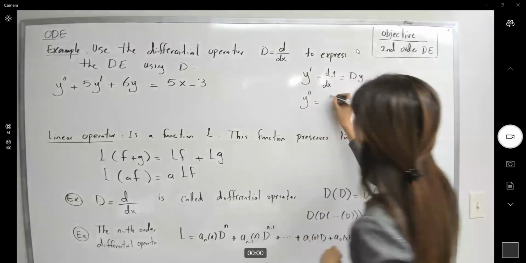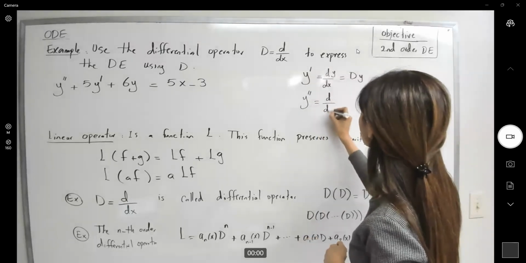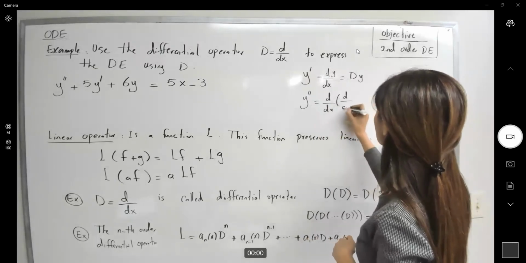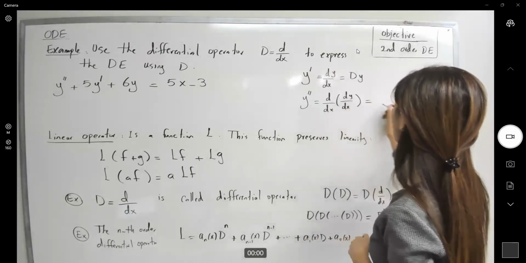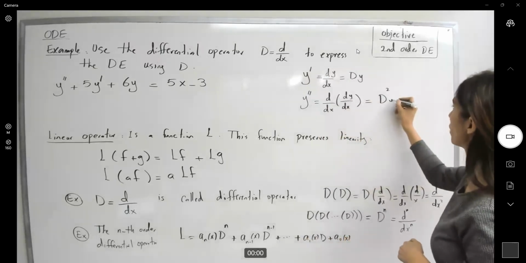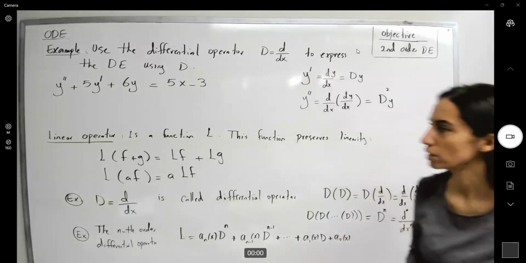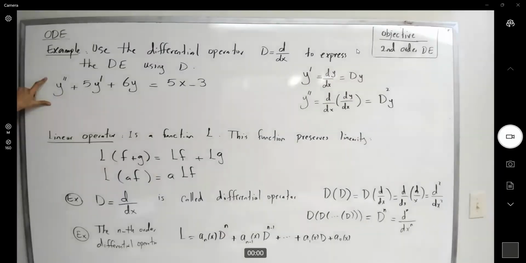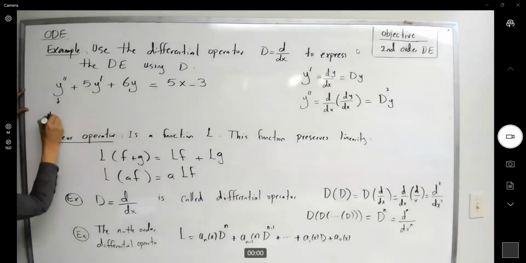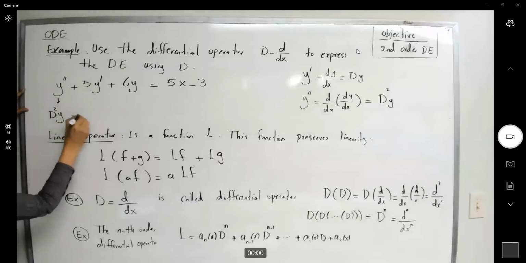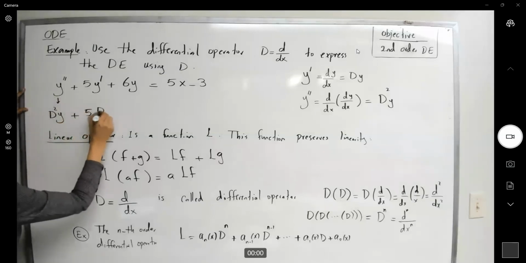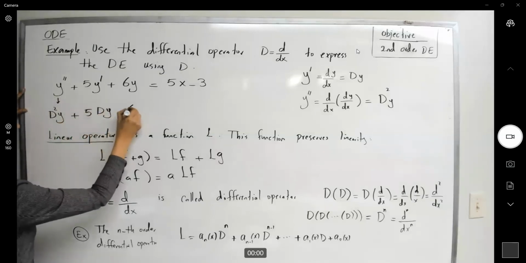The second derivative is d/dx of d/dx of y, which is D squared of y. So far, so good. This becomes D squared of y plus 5 D of y plus 6.